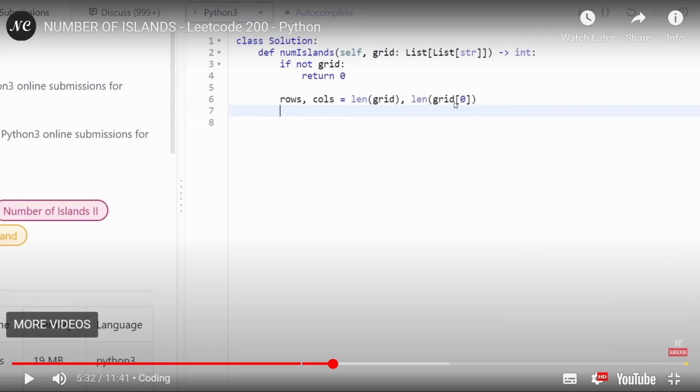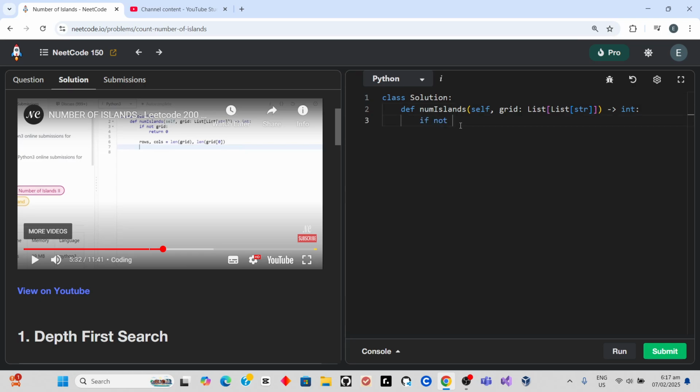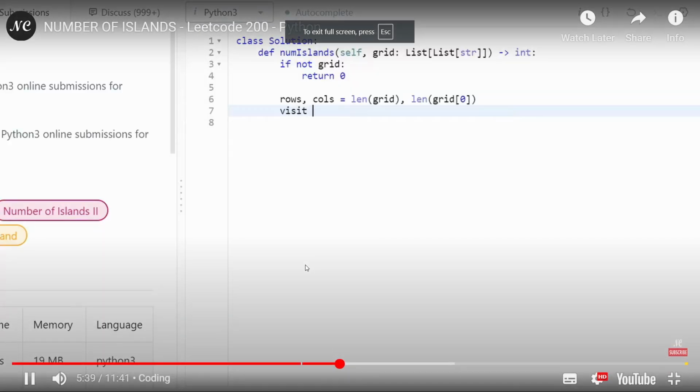We also want to be able to mark positions or cells visited when we're marking island masses, so I'm going to use a set to do that.